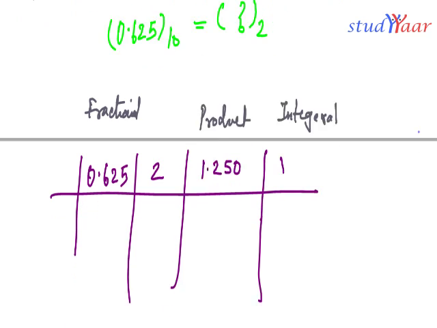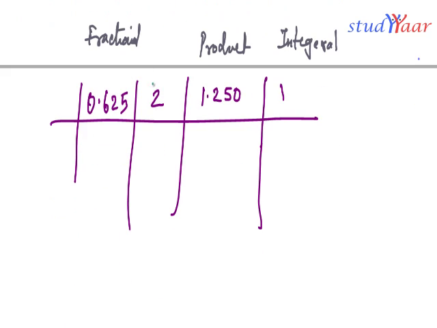So let's continue our successive multiplication. After the first step, the fractional part is 0.250. I'm going to multiply it by 2. What am I going to get? I'm going to get 0.500. And now what is the integral part?